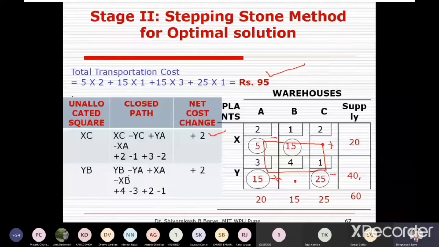So at YB, you can use YB minus YA plus XA and minus XB, and use this cost for making the net cost change. So here plus 4 minus 3 plus 2 minus 1. So it is plus 4 plus 2, 6, and minus it is 4. 6 minus 4, again plus 2.